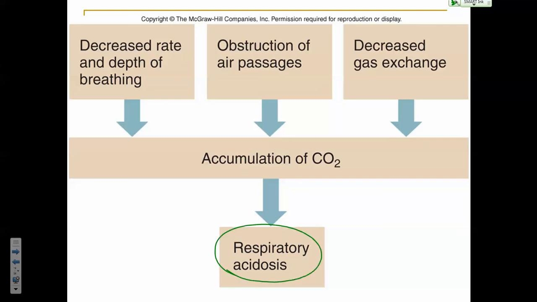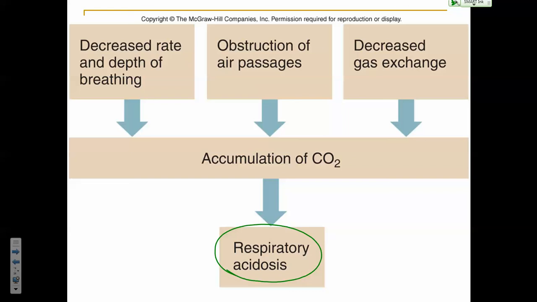But you hear the word acidosis and you hear the word alkalosis in a medical setting, okay? And you can have respiratory acidosis. Your blood pH can drop. It has to do with if you've got some respiratory issues, like somebody may have COPD.